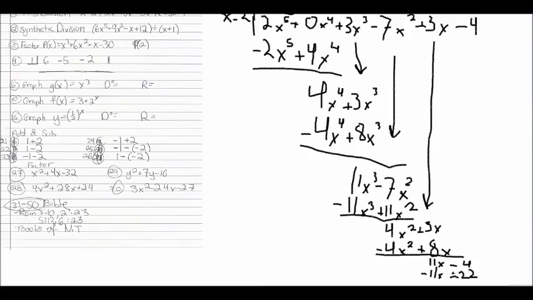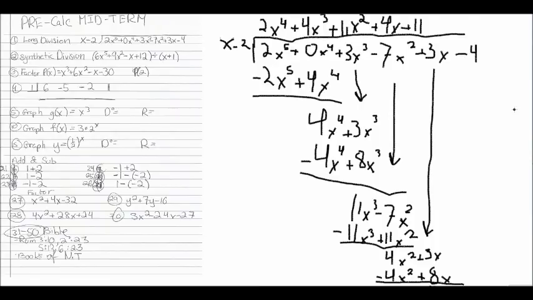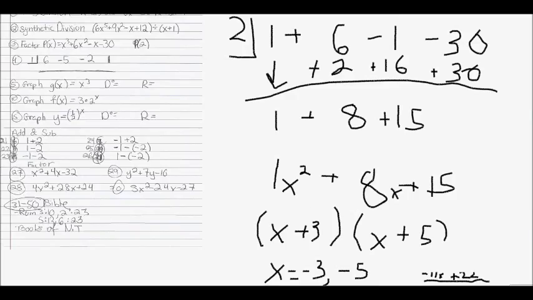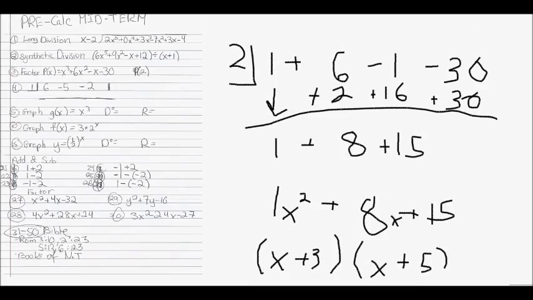Minus 11 times 2 is negative 22. But because we're subtracting, all the signs change. So negative 4 plus 22 is, alright, so that's how you go about doing that. Alright, next.